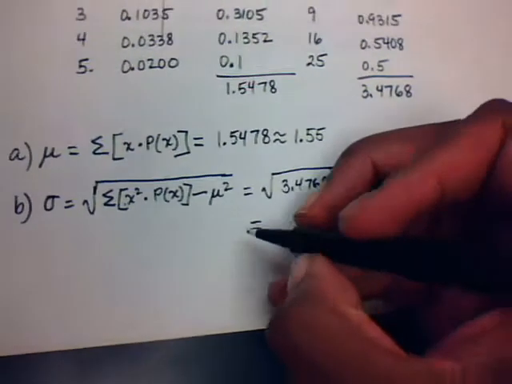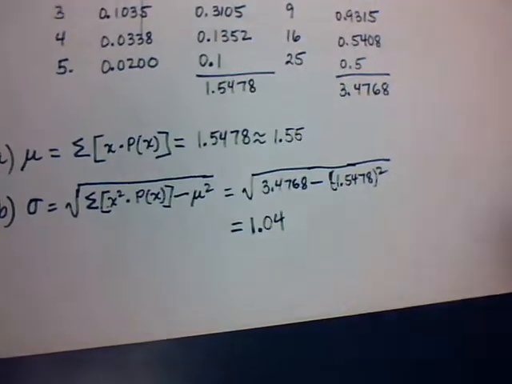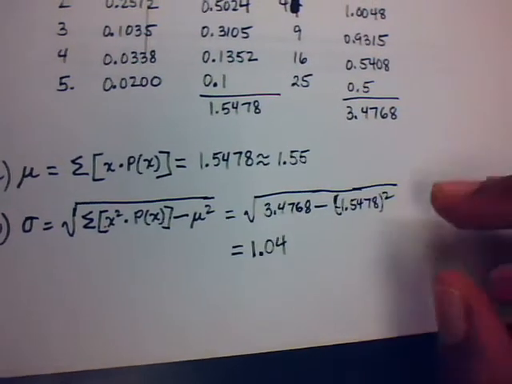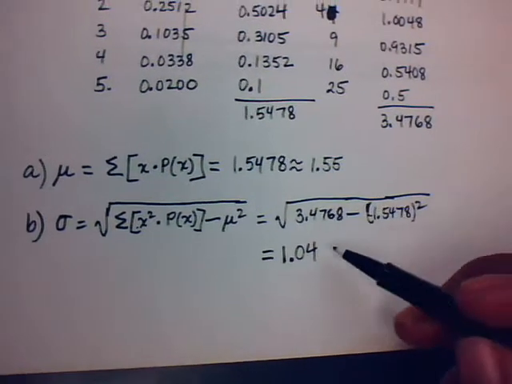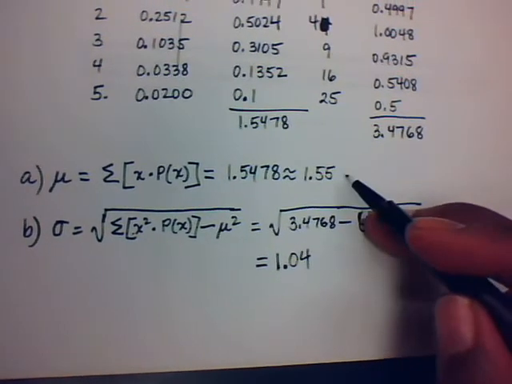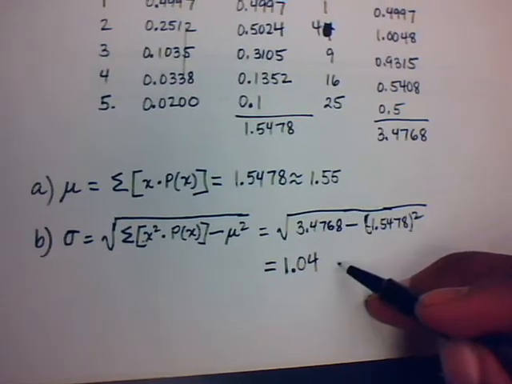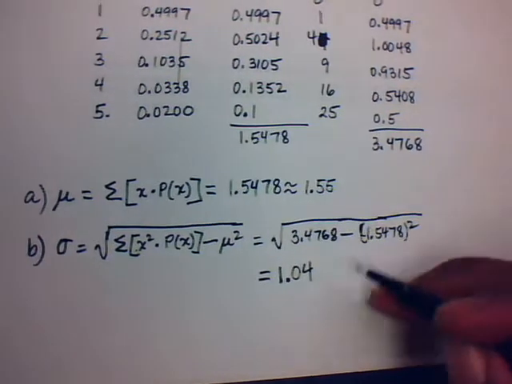So the standard deviation here will be 1.04. Okay, so that's my answer for part B. In part A, the mean was 1.55. And you'll be told to round to a certain number of decimal places, in this case, 2 decimal places.